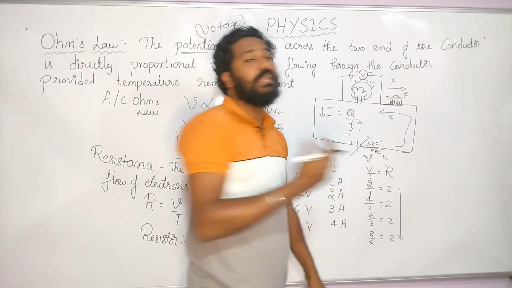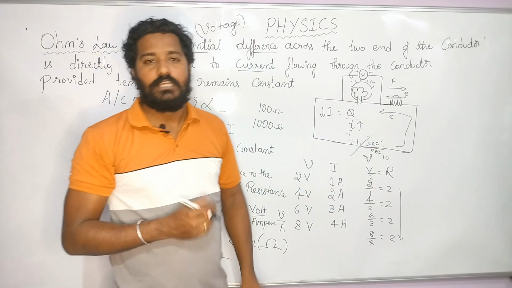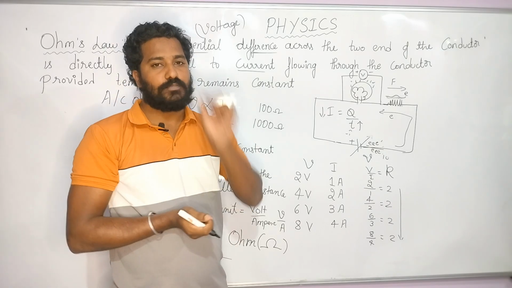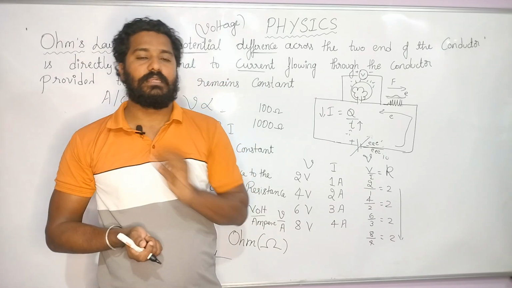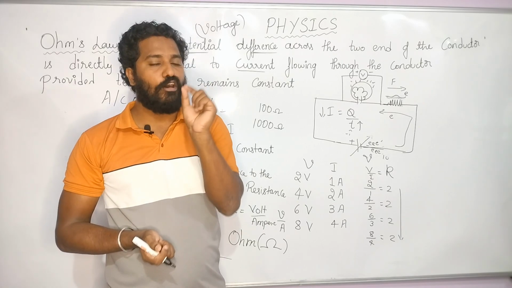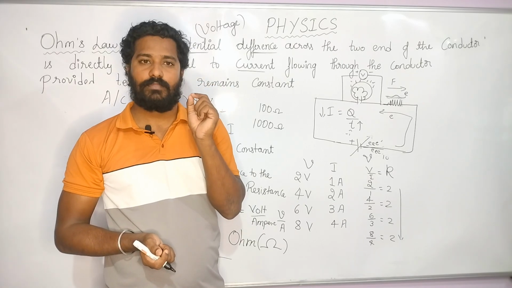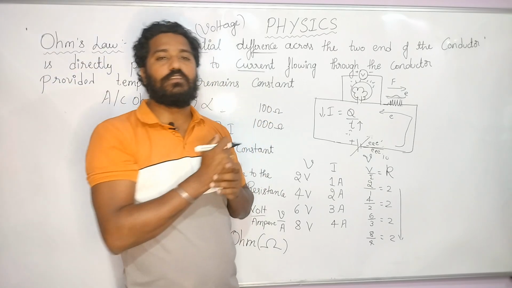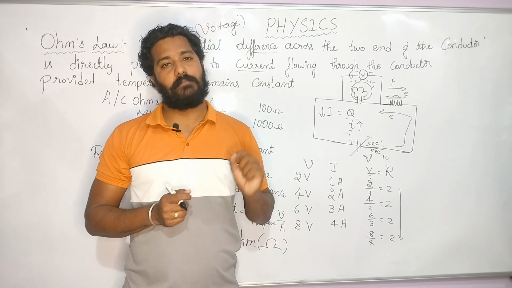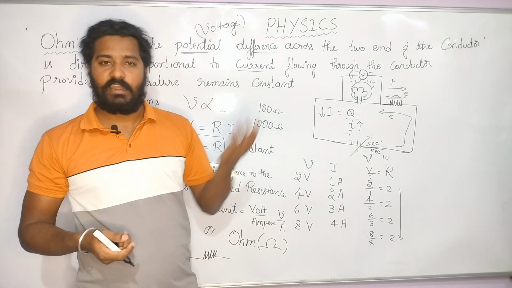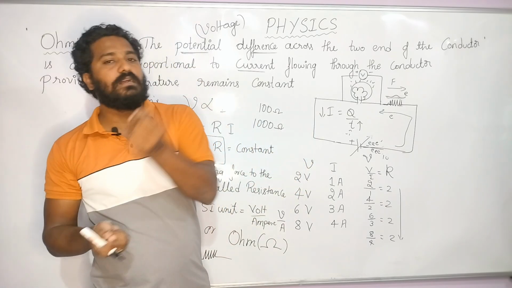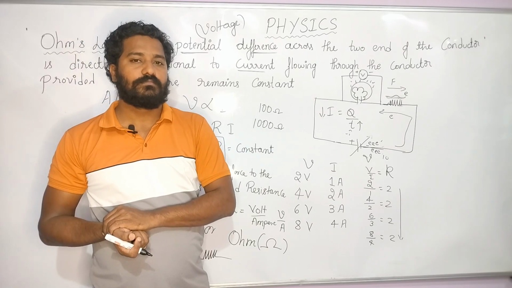The bulb glows dimmer. Suppose you have seen many small LED bulbs given below the TV and so on, and small chargers as well. You can connect them directly to the switchboard. When it's connected to the socket, more current will flow through, yes or no? But how can the TV and the charger work?